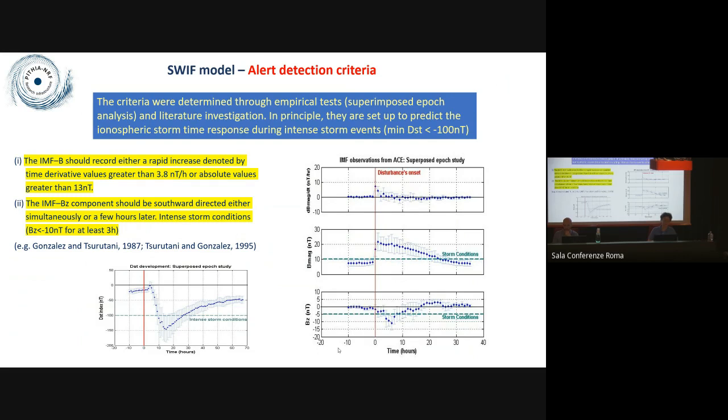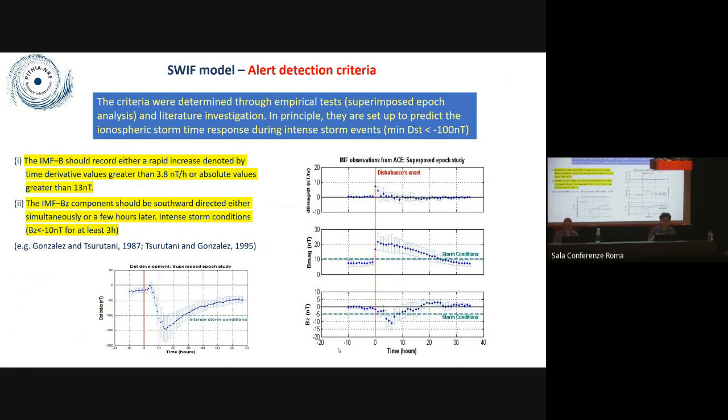The first is concerning the IMF, the interplanetary magnetic field B. This should record either a rapid increase denoted by time derivative values greater than 3.8 nanotesla per hour, or absolute values greater than 13 nanotesla.